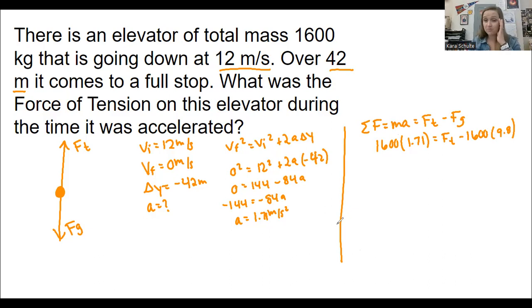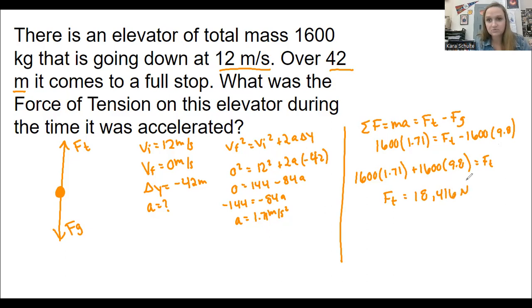I don't want to do these parts separately, so I'm just going to move the 1,600 times 9.8 over first, so I can plug it all into my calculator at once. So I'm going to do 1,600 times 1.71 plus 1,600 times 9.8. This gives me a tension force of 18,416 newtons.